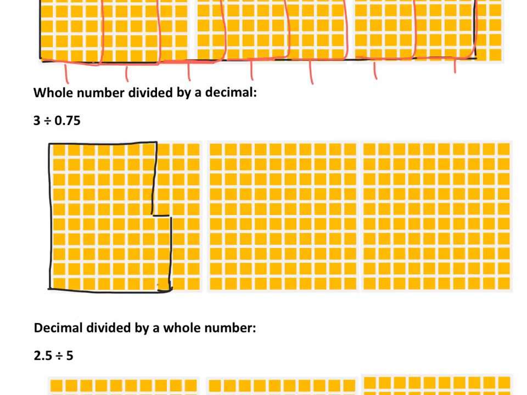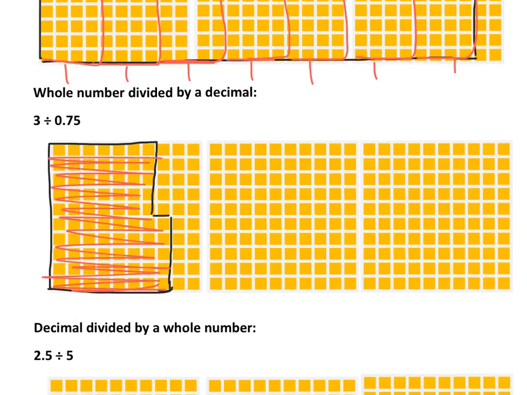And I'm going to shade this in to indicate one group of 75 hundredths. Then I'm going to make another group of 75 hundredths. So I've got 25 here in this first grid. Then I can add 50 more squares. We'll make 75. So here's another group of 75.